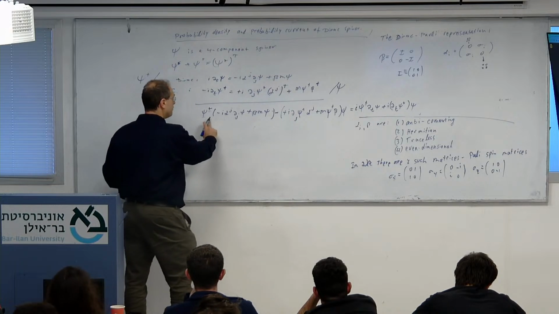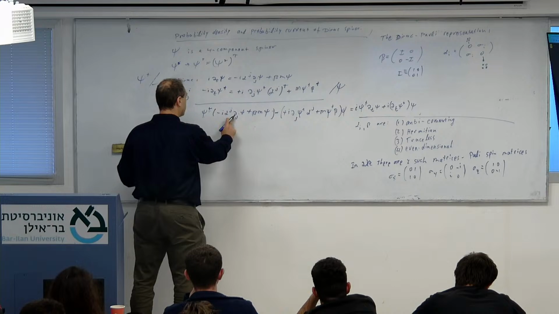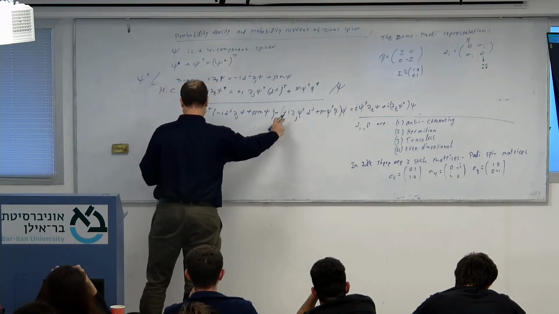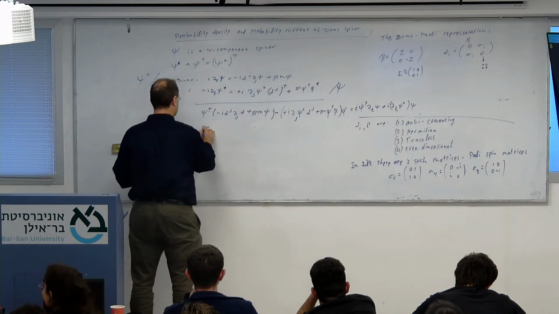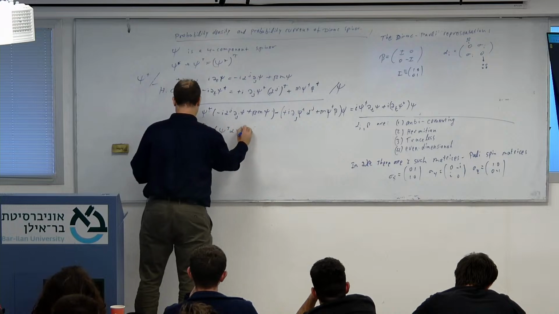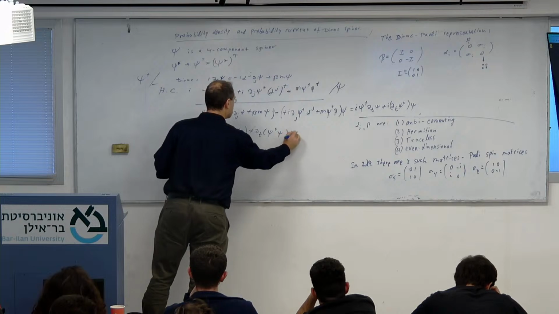So here I have alpha_j d_j. So this is nabla dot psi dagger alpha psi plus d_t psi dagger psi is equal to 0.